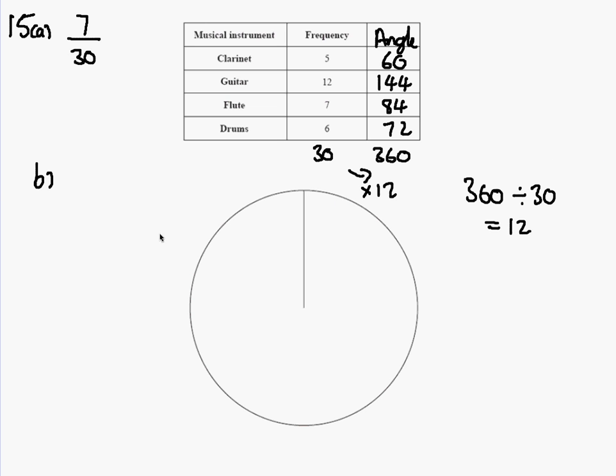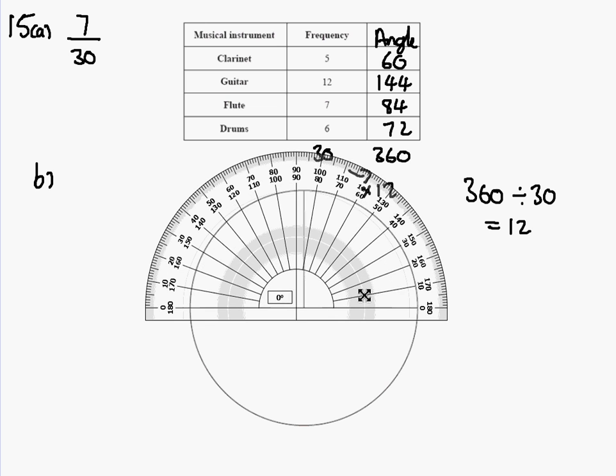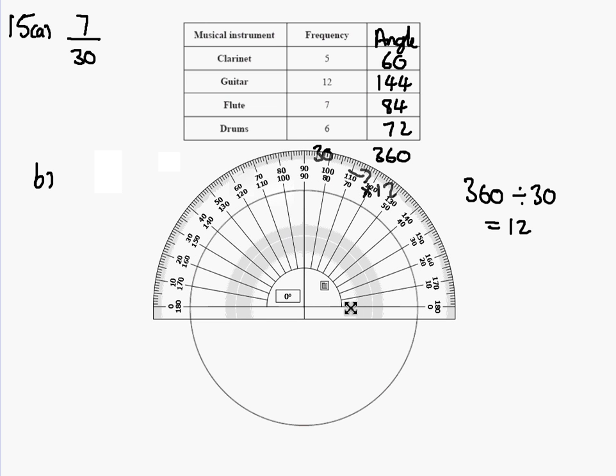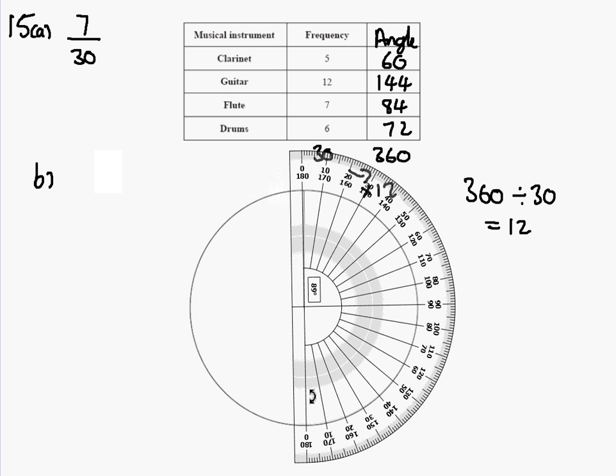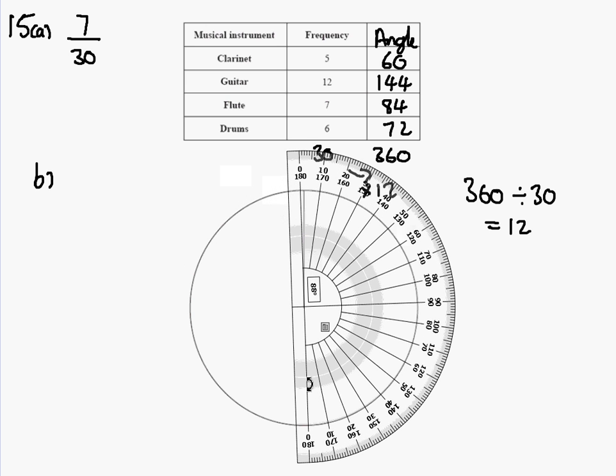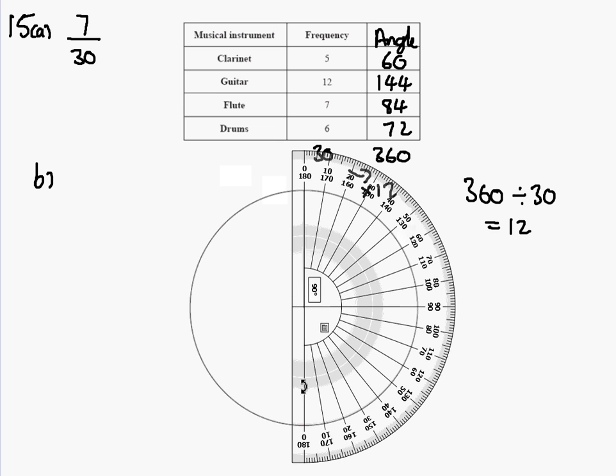We then take our protractor, bring it to the center, make sure you point to the center. We then rotate this round so that our top line is lined up. I'm going to try and make this as perfect as I can. There we go. And then we're going to mark on here 60 degrees, so 10, 20, 30, 40, and so on up to 60. So 60 degrees is in there.